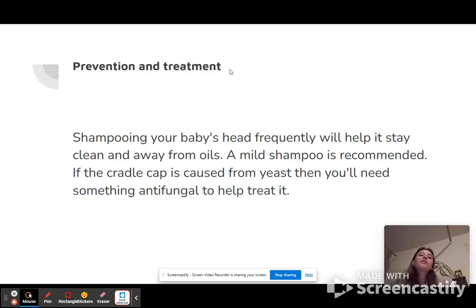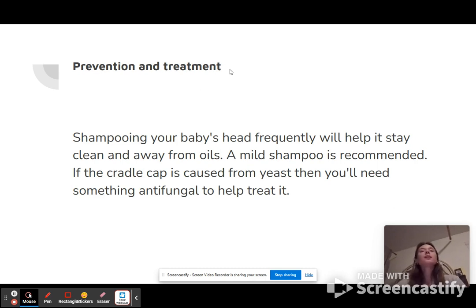And then for prevention and treatment, there's not really a treatment. It's just good to keep your baby's head clean. So all those things that our skin barrier is trying to keep out, it helps that, because if you're cleaning off bacteria and stuff on your baby's head and extra oil, it's going to keep those things from causing something worse a little bit.